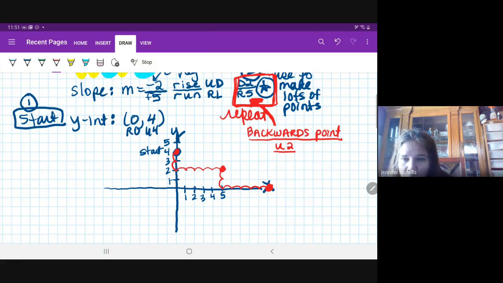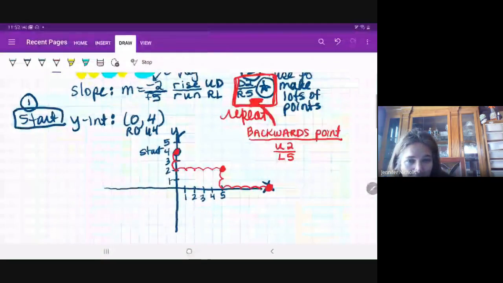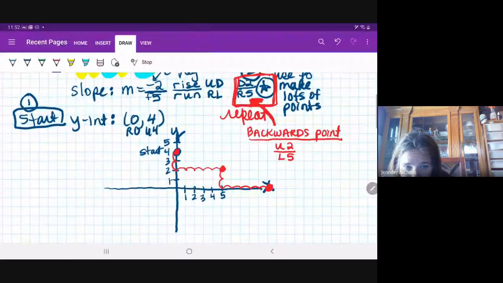So what's the opposite of right 5? What this means is if you're standing at any point on the graph, I have 3 points right now. I have the starting point and the other 2 points that you can do up 2, left 5 to get to the other points.